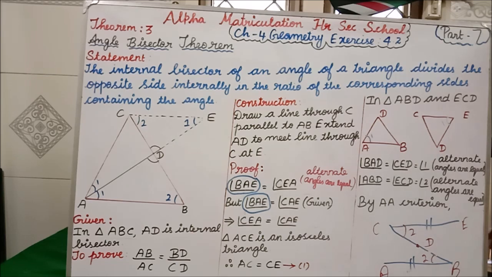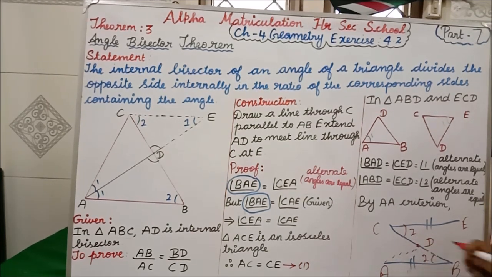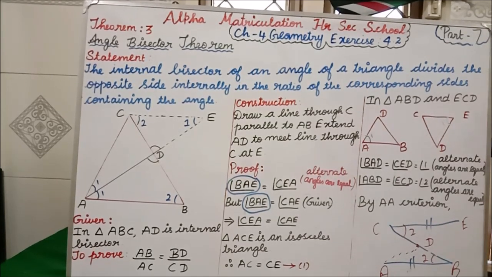If I join here with dotted lines, what will I get? I get one triangle, isn't it? So I can write BAD is equal to ECD. Clear all of you? So alternate angles are equal.